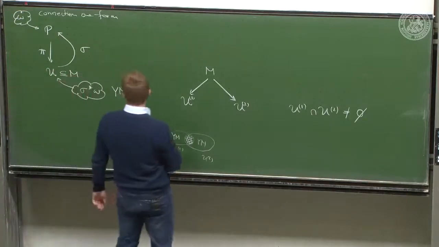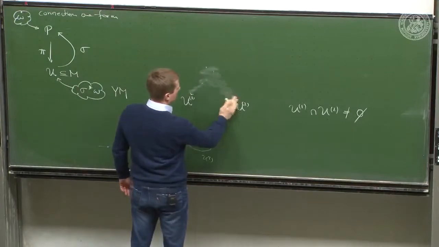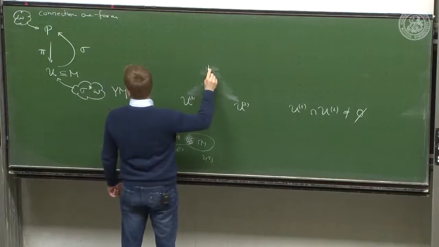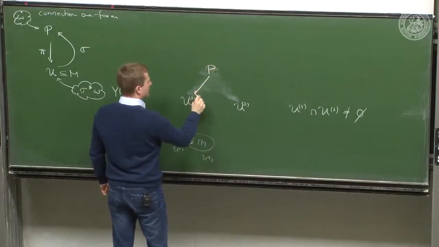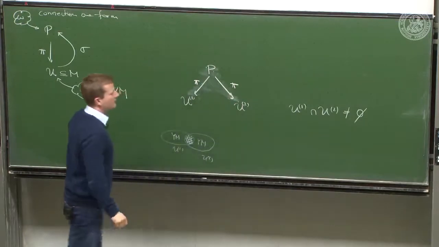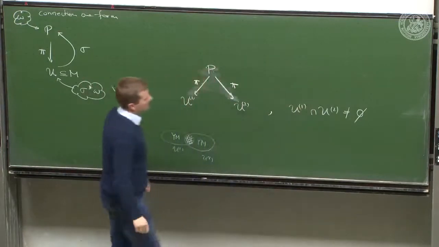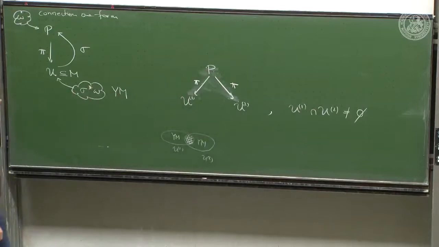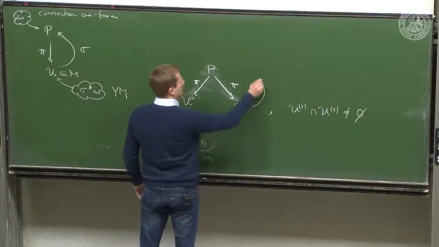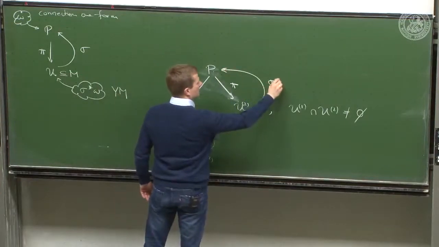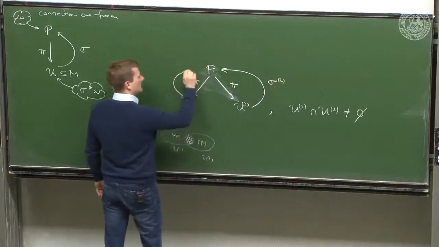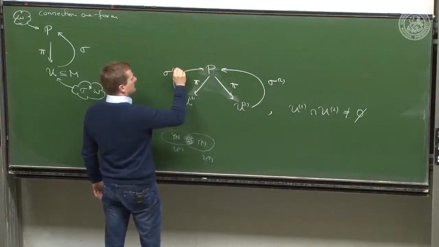So, well, let's take this picture here, where we go from P down by pi to here and by pi to there, and let's assume we really have non-intersecting domains on the base manifold. And then correspondingly, we can choose sections sigma 1, or in this case sigma 2, and here a section sigma 1.